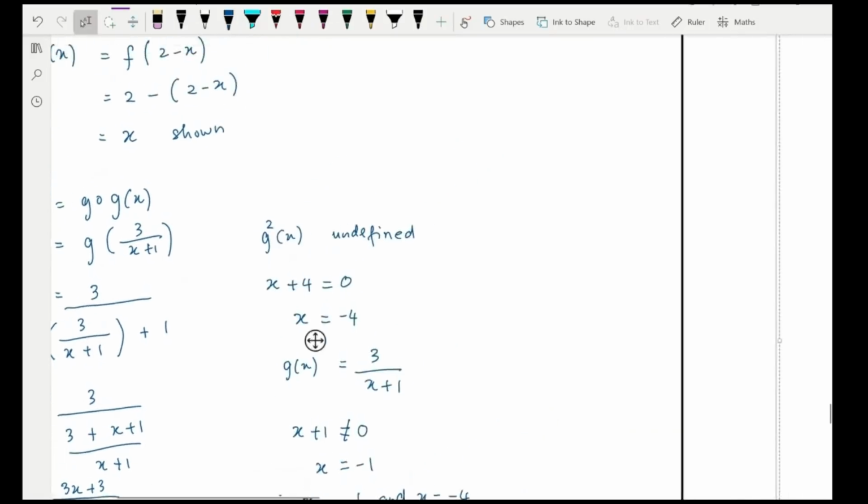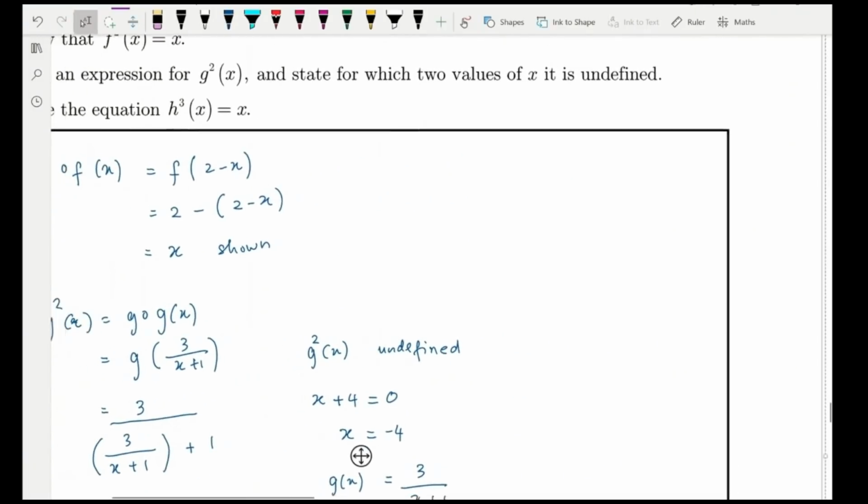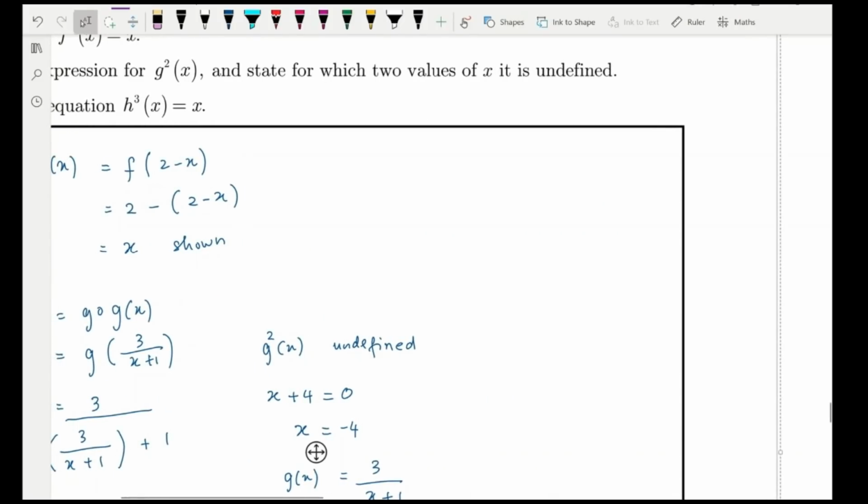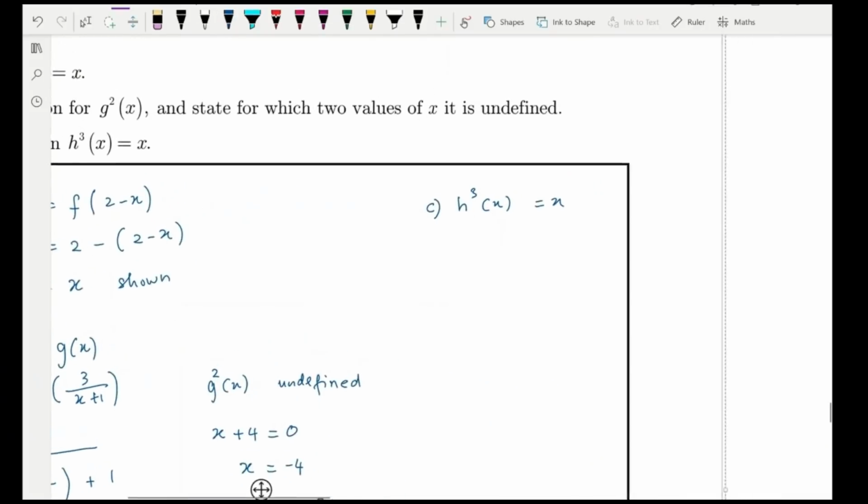And the last question, question C, solve the equation h cubed equal to x. So question C, h cubed equal to x, and then we must find the value of x.